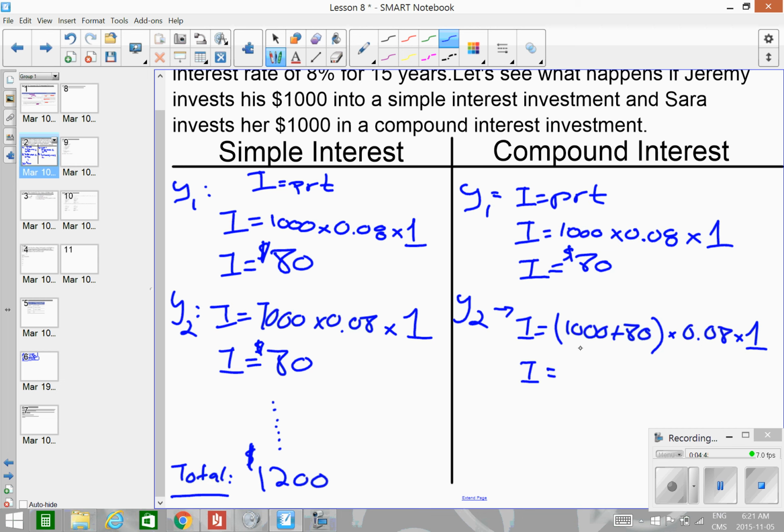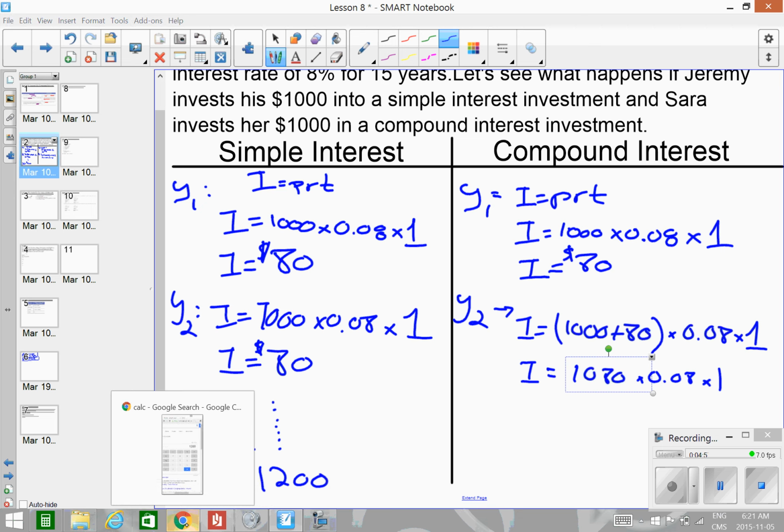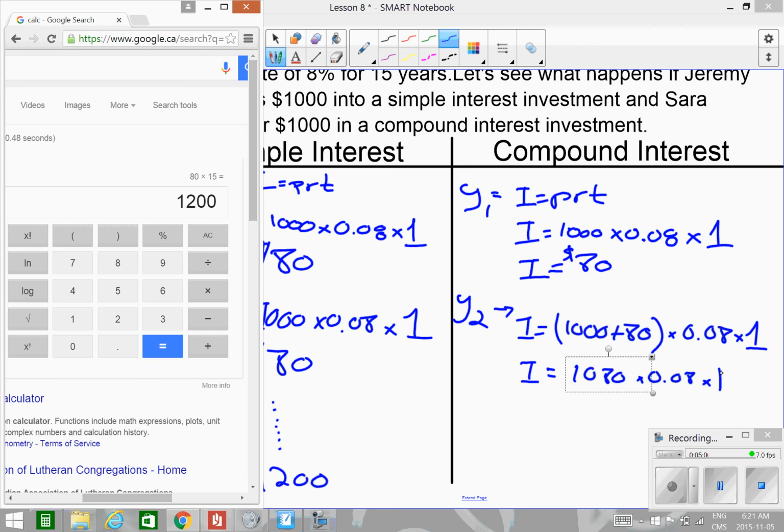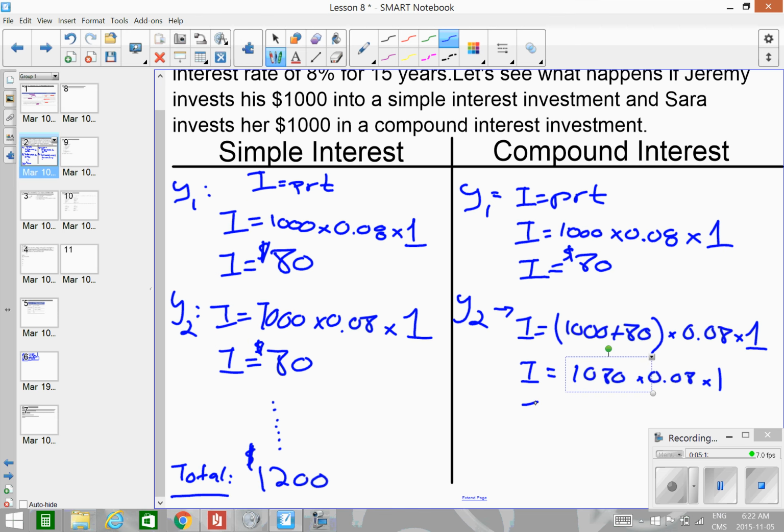All right, so our principal now, 1,000 plus 80, that's $1,080. So for this year, let's calculate how much interest we made in year 2. 1080 times 0.08 times 1, $86.40. So already, compound interest has made $6 and 40 cents more.